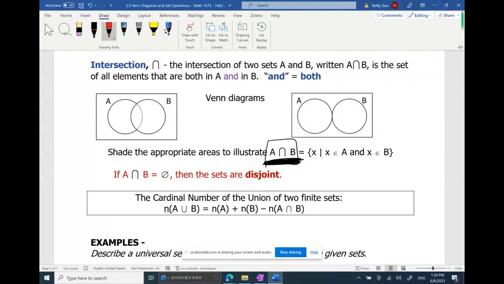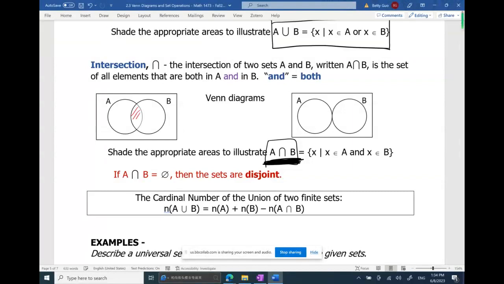In a Venn diagram, A and B can be represented by a common region, like this shaded region. That represents A and B, A intersection B. In case A and B are disjoint, A intersection B is empty, because they do not have any elements in common.